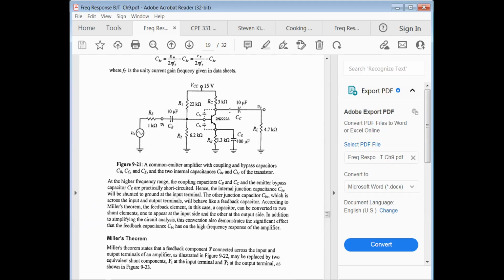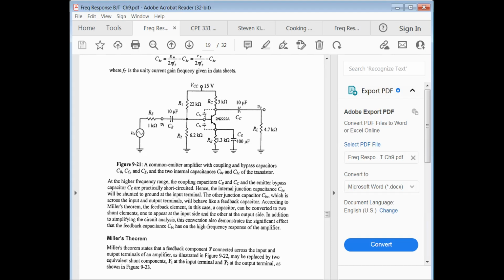So here's our circuit. Our base emitter junction here, we draw it as a diode. There's literally a diode junction here, a PN junction. Well, whenever you have a PN junction, you also have capacitances associated with it. So you have a C sub BE capacitance that's across your base emitter junction.